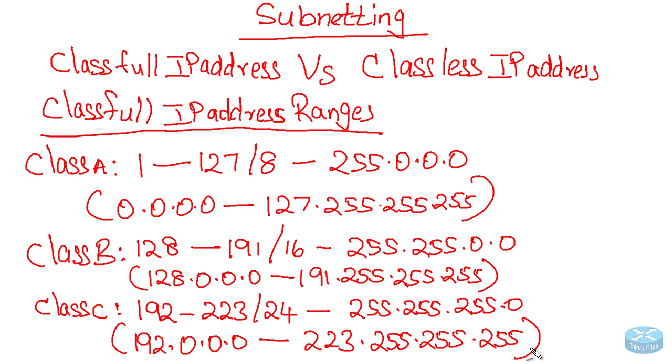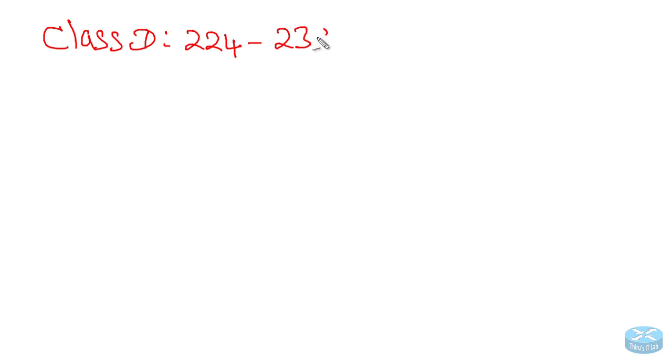Mostly we will be using Class A, Class B and Class C addresses only. There are two more classes. Class D addresses range from 224 to 239.